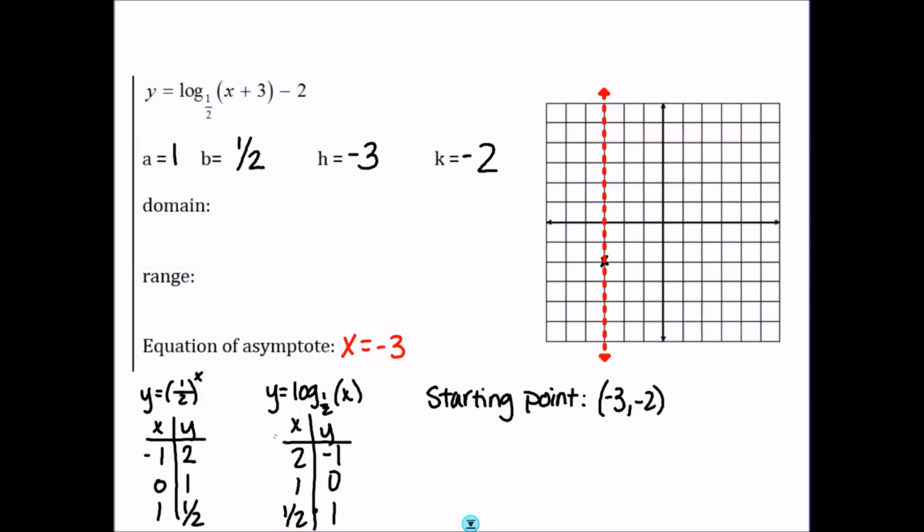And then we can use our t-chart to plot these points from the starting point. So if we go over 2, down 1, over 1, up 0, and over 1/2, up 1.